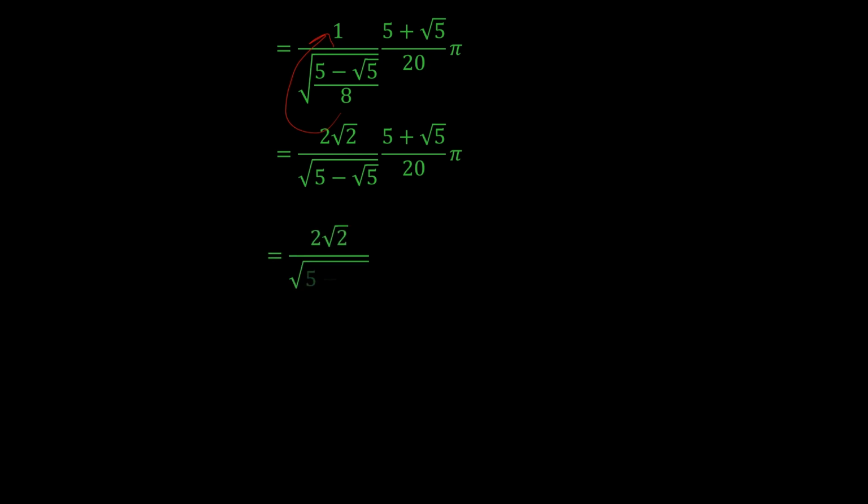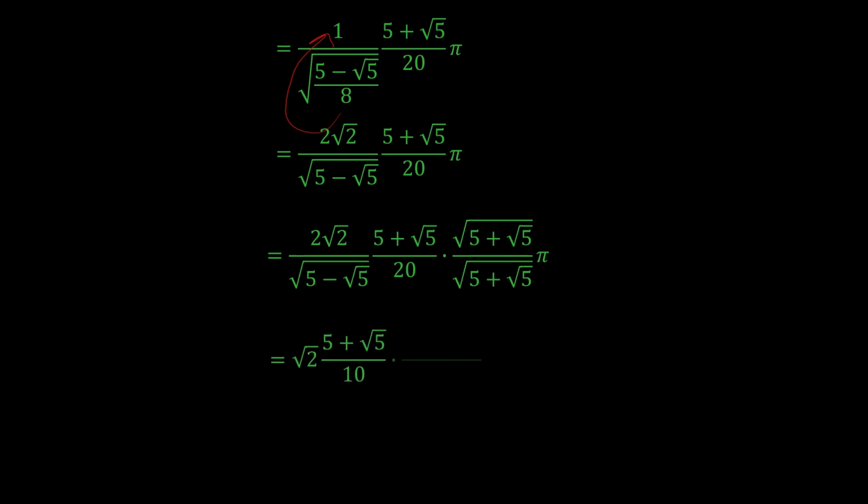And the next thing we would want to do is multiply both the numerator and denominator by square root of 5 plus root 5. And what that means is that even after cancelling with this, so that we have 10 here, we have square root of 2, 5 plus root 5, 10, and under the square root sign, we have square root of 20, because we found out that 5 plus root 5 times 5 minus root 5 is the same as 20.